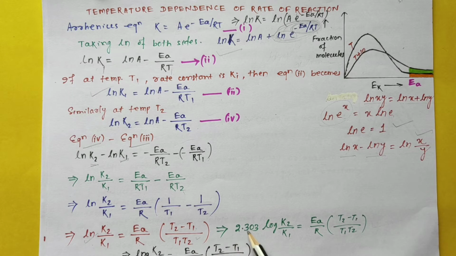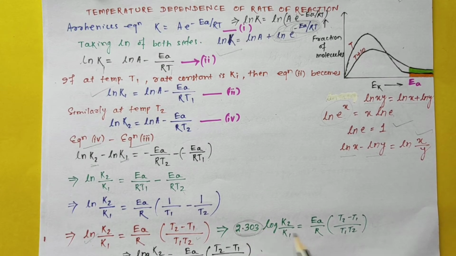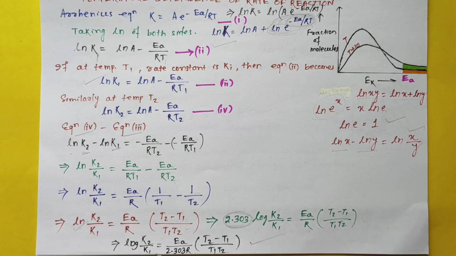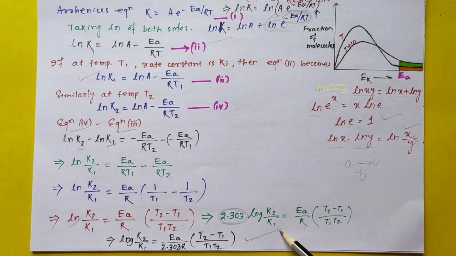If we convert ln into log, it will be 2.303 log k2/k1 = Ea/R (T2 minus T1)/(T1 T2). So 2.303 is multiplied on this side; if we take it to the right side, it will be divided. So the final expression becomes log k2/k1 = Ea/(2.303 R) (T2 minus T1)/(T1 T2).